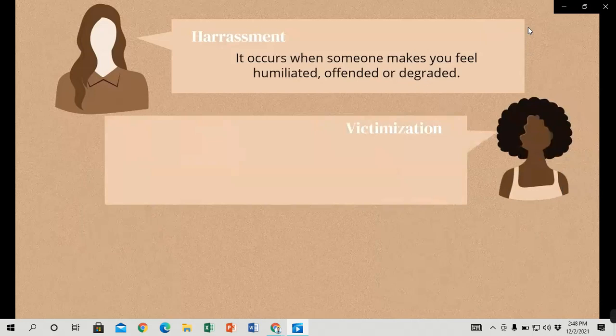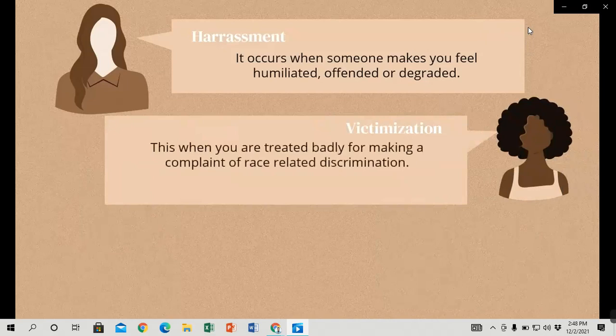Next is victimization, another type of discrimination. This is when you are treated badly for making a complaint of race-related discrimination.